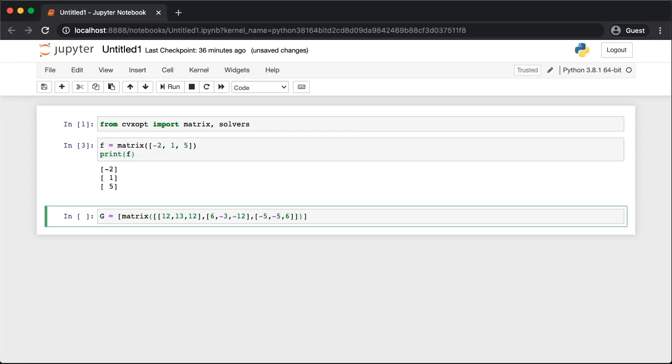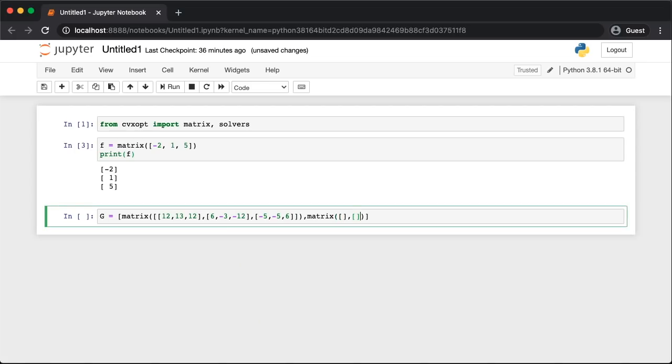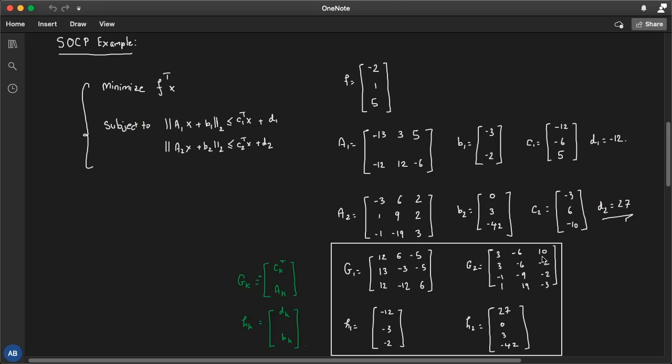As easy as that. Now, the second matrix, that is G2, is a matrix containing 3 columns. The first column contains 3, 3, minus 1, 1.